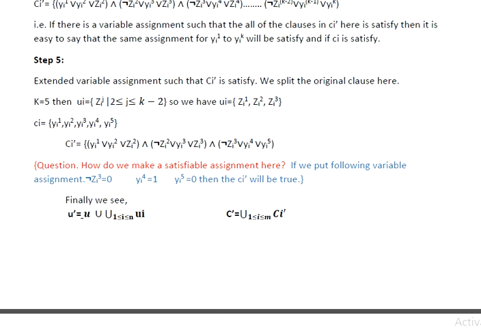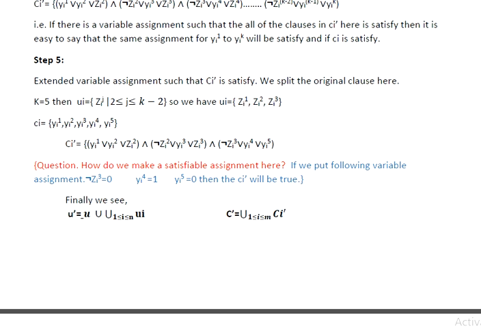Then we can say that the new 3-SAT clauses will be yi1, yi2, or zi2, and the next clause will contain zi2 bar, yi3, and zi3, and then it is like the negation of zi3, because here is zi3 and the next clause will contain zi3 bar, yi4, and yi5.